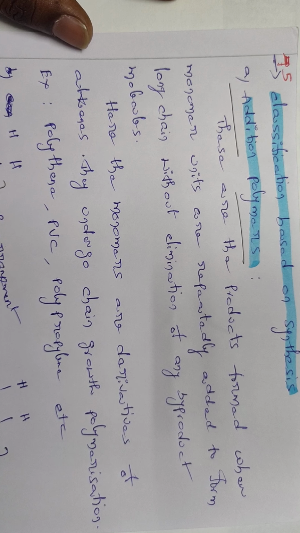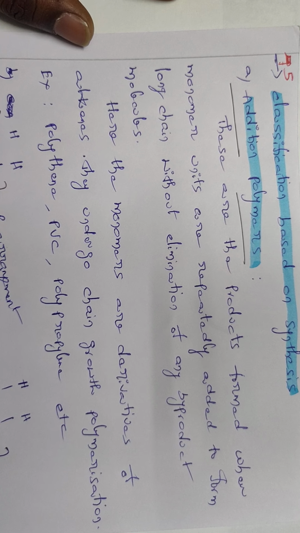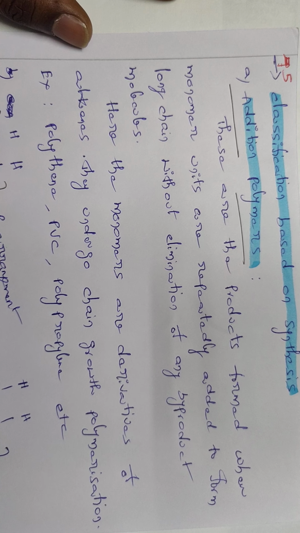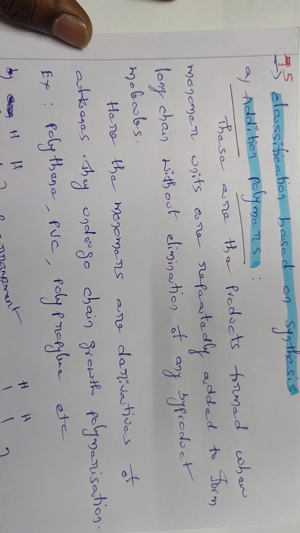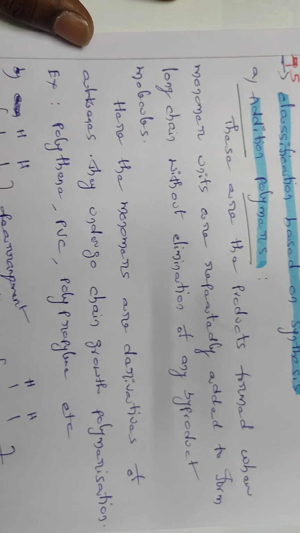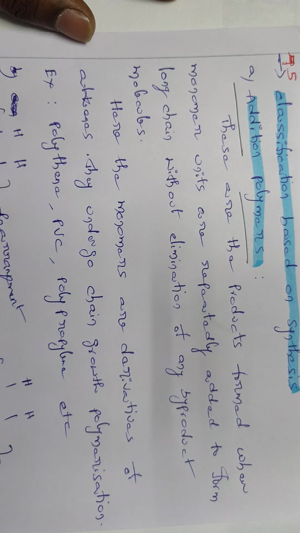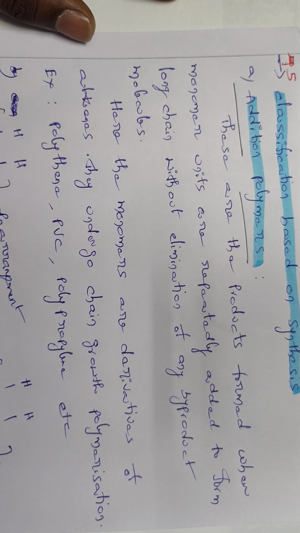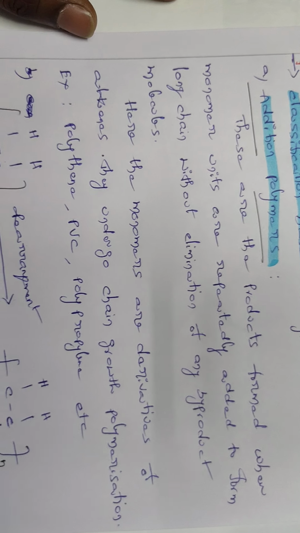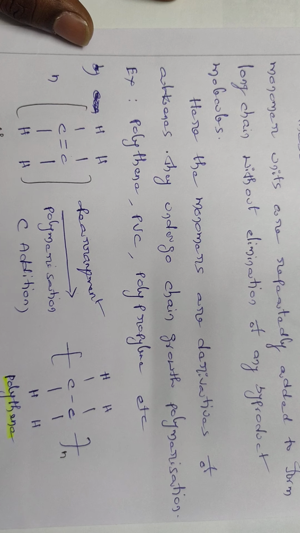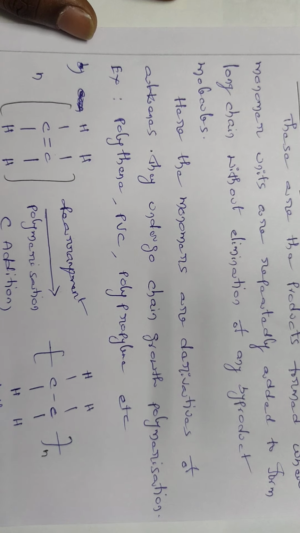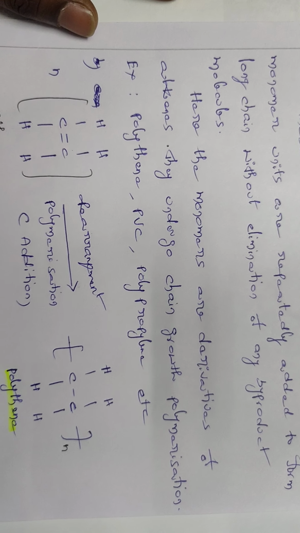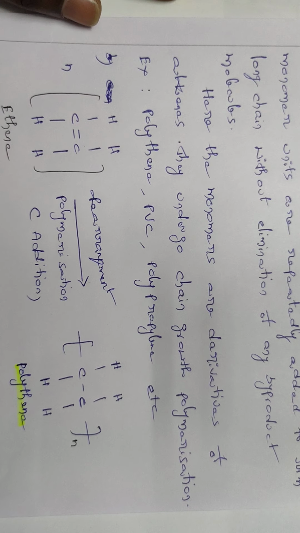Then based on mode of synthesis, polymers are mainly classified as three types: addition polymerization, condensation polymerization, and copolymerization. The first one is addition polymers. So what are addition polymers? These are the products formed from identical monomer units without elimination of any byproduct molecules. So these undergo chain growth polymerization.